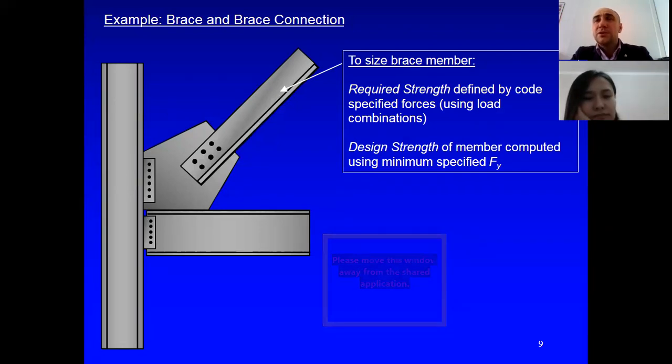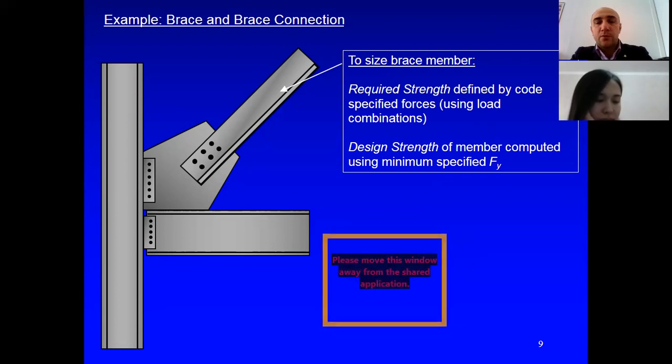Of course, during the design of steel construction, by using our programs for analysis of structure, we also make the analysis with the load combinations. That's important, not only for forces, but for load combinations.